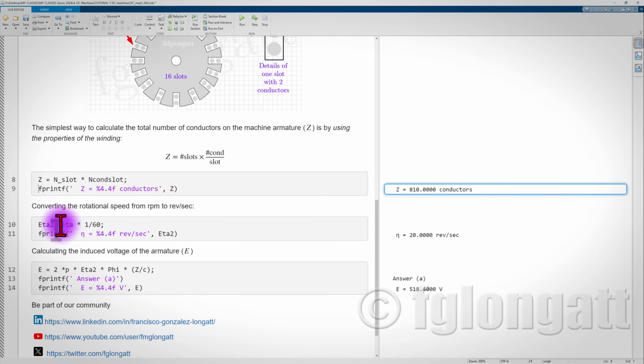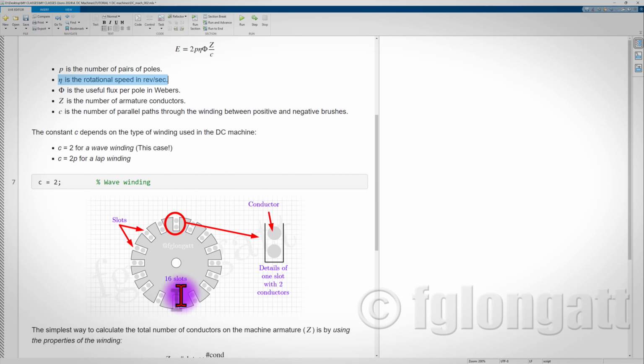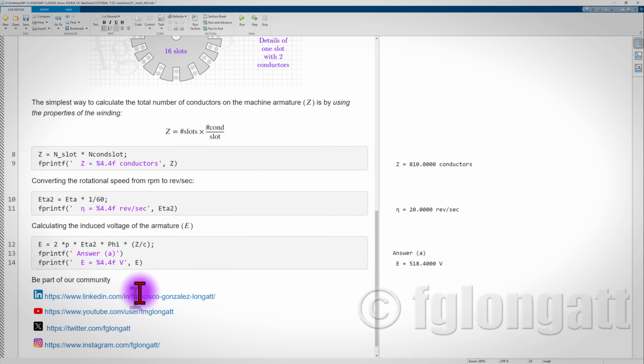Now we need to transform this rotational speed. The data is given in RPM, but inside the equation I need to use revolutions per second because of the units.